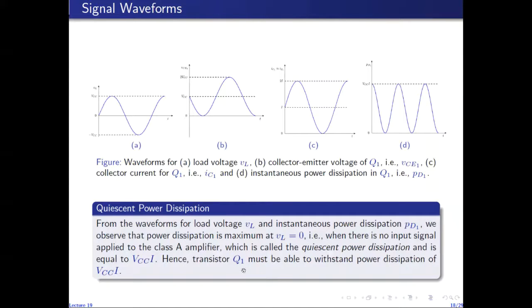So transistor Q1 must be able to withstand this power of VCC times I, because if there is no signal applied to the class A amplifier for longer periods of time, then the power dissipated in Q1 will be a constant VCC times I.